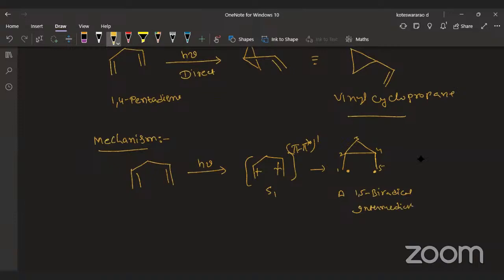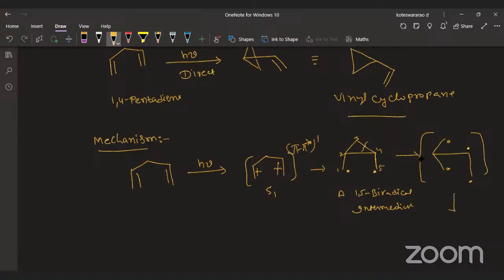In this biradical intermediate, the sigma bond cleaves. This is just an imaginary hypothetical intermediate transition state.